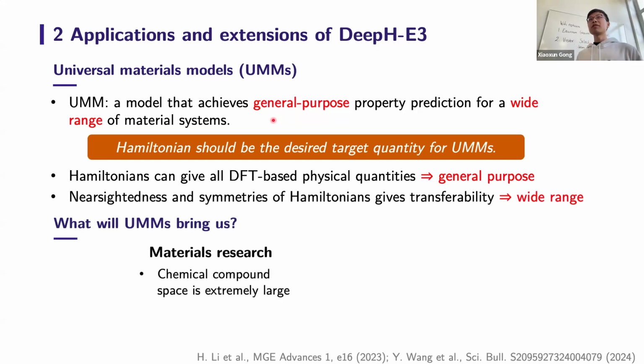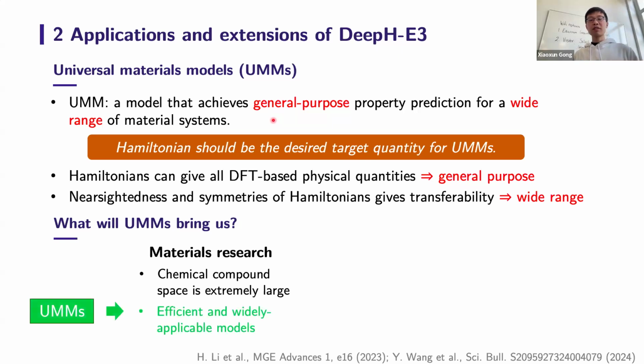One of the problems in materials research is that the chemical compound space is extremely large, and because of the computational resources we have today, even with increasing computational resources over these years, humans have only explored a very tiny portion of the chemical compound space.